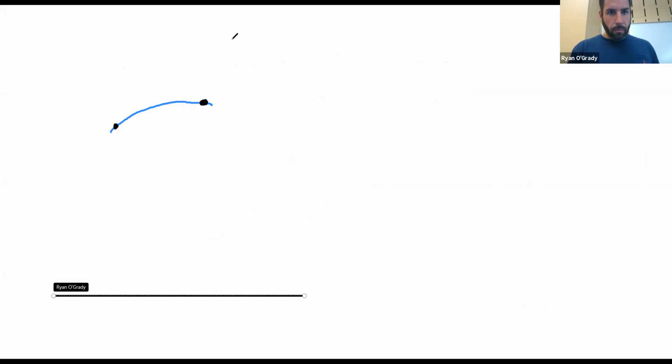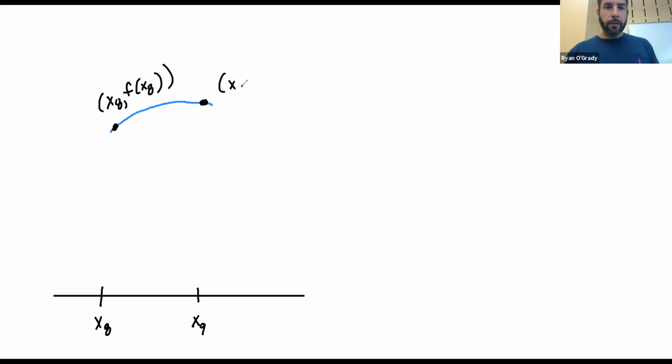So this would be the point x sub what? X sub 8. This would be the point x sub 9. We can get real specific. This is x sub 8, comma, f evaluated at x sub 8. That's scary looking. And then this is the point x sub 9, comma, f evaluated at x sub 9.